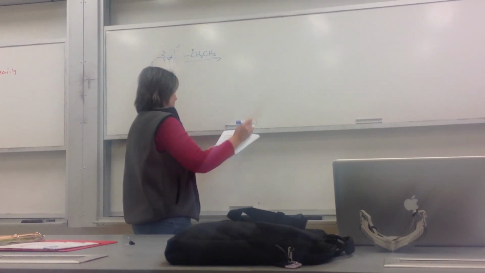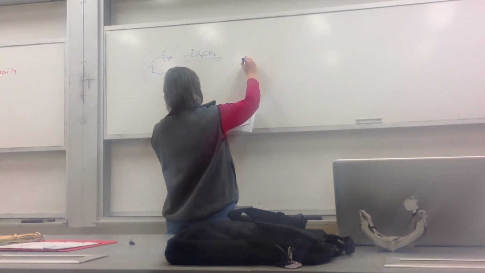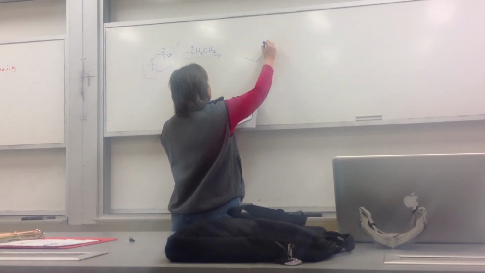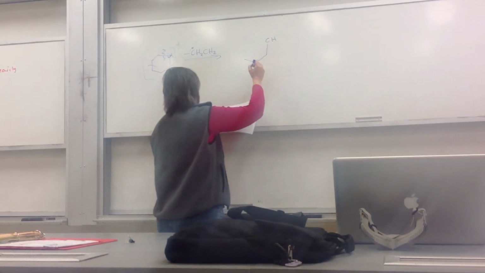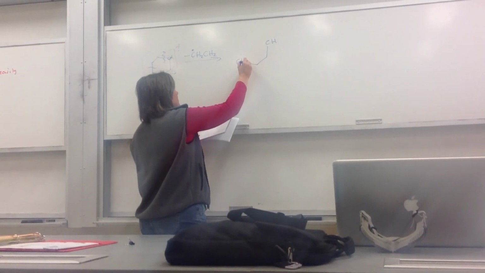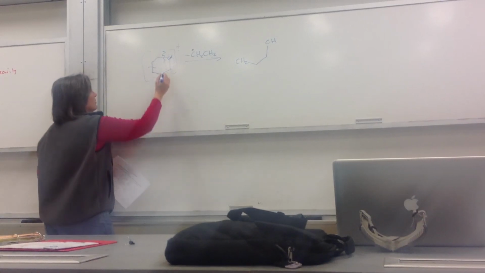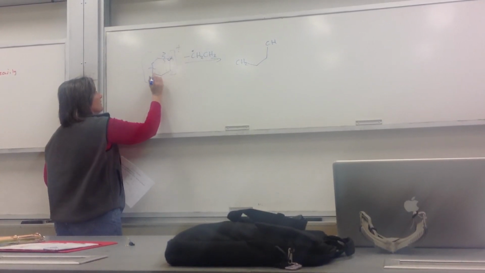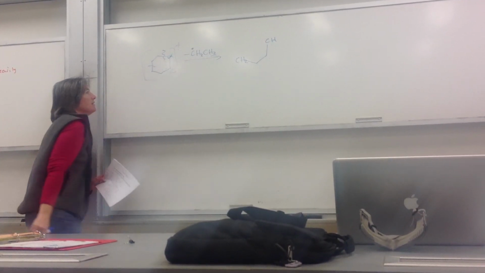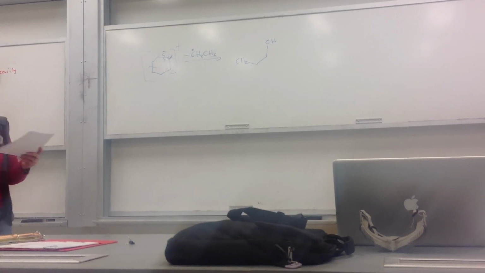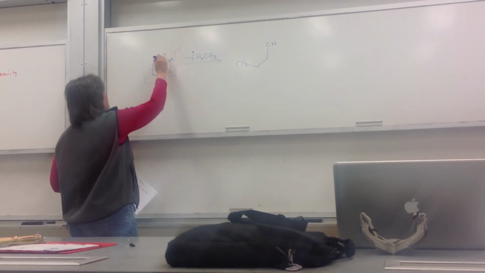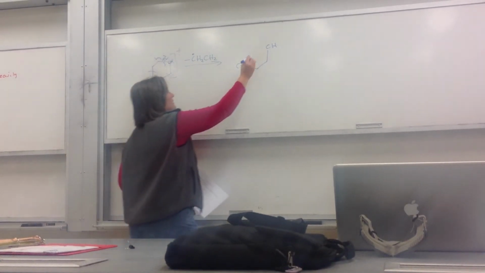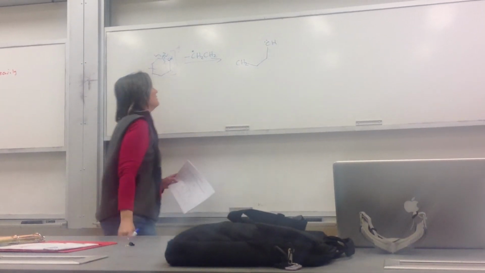You end up with, here we go. Here's a CH, here's a CH2, so that's kind of the ends. I'm looking right there, and right there, there and there. And what's on is out like this. I have 2 electrons there.